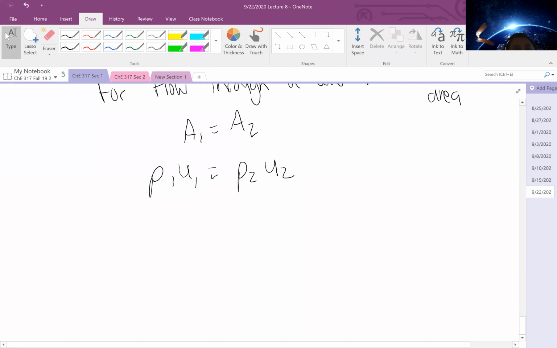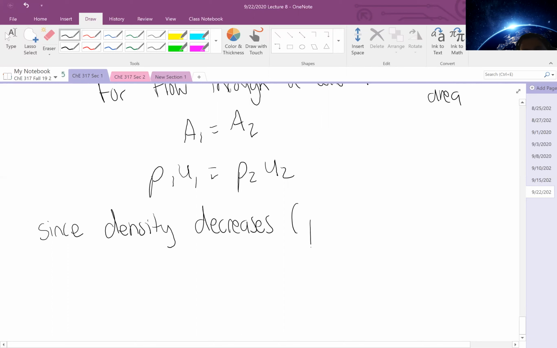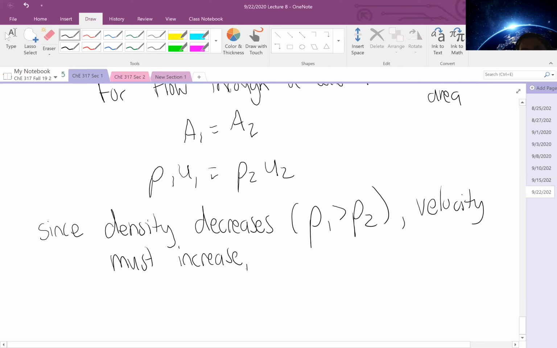We have a pressure drop due to that frictional dissipation. And so since our density decreases, rho 1 is going to be greater than rho 2, our velocity must increase. And I can state that U1 is going to be less than U2.